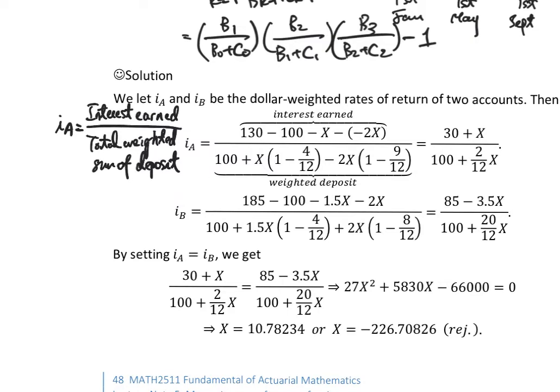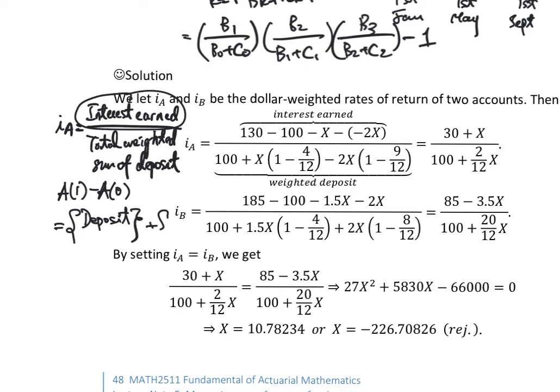First of all, for the interest earned, we consider the account balance. The difference of the account balance is equal to the total amount of the deposits that you make, plus the interest that you earn.